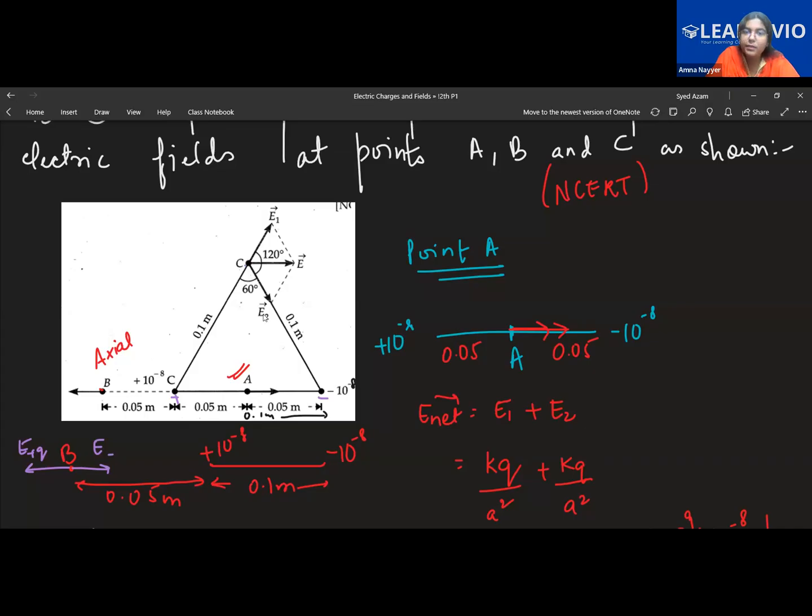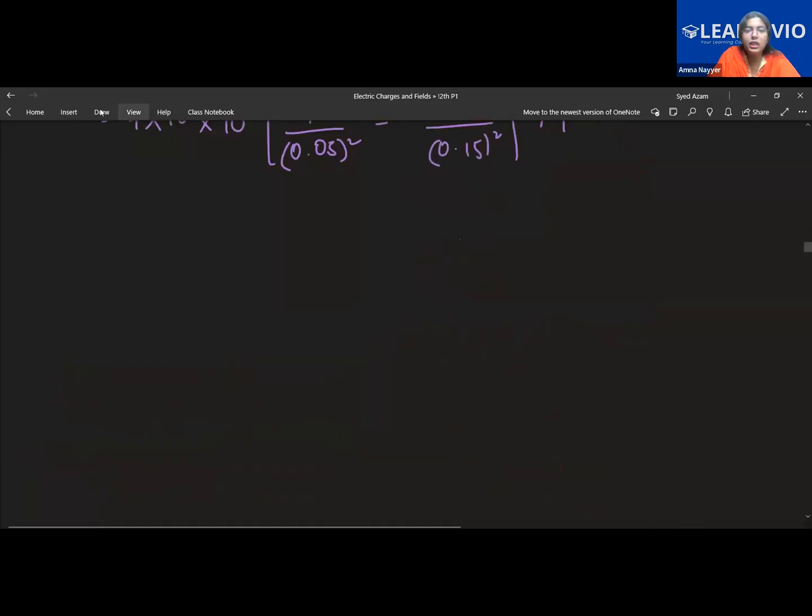So both the electric fields will have the same value, right? K into 10 to the power minus 8 by 0.1 whole square, here also K into 10 to the power minus 8 by 0.1 whole square.